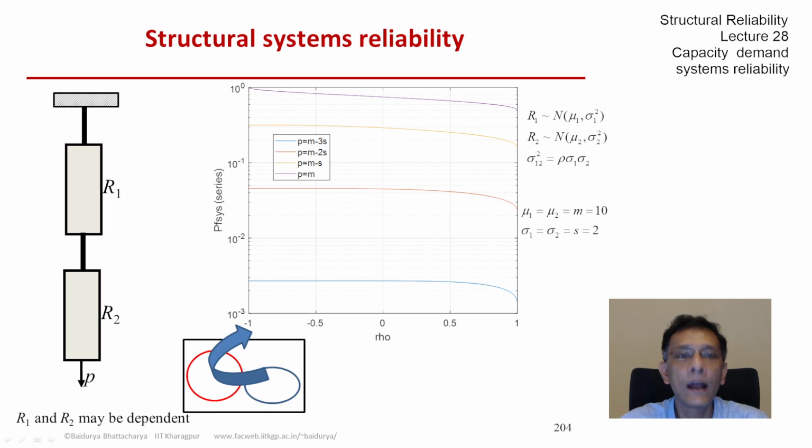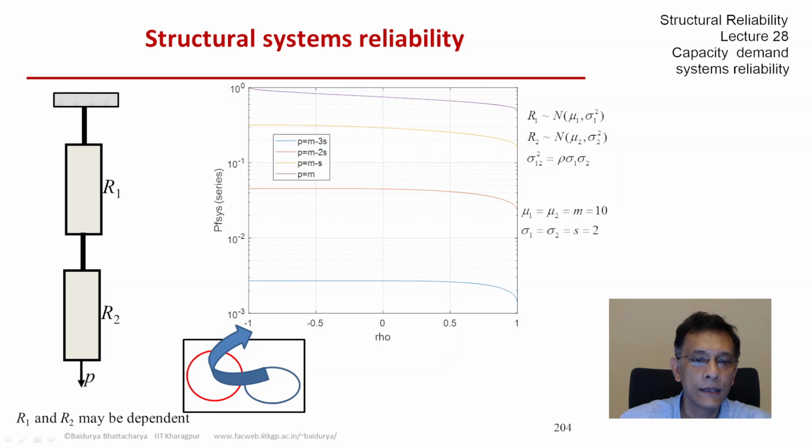It's very unlikely that both would take high values or low values together if the rho is near about -1. So that is what we refer to as negative dependence in the previous slide. So when that happens, we have the highest possible value of failure probability.